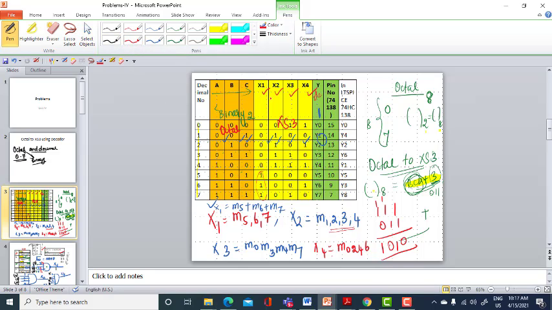And the XS3 table: what is XS3? It is BCD plus 3. BCD is from 0 to 9. So 0 plus 3 is 3. Its equivalent binary is 0 0 1 1.